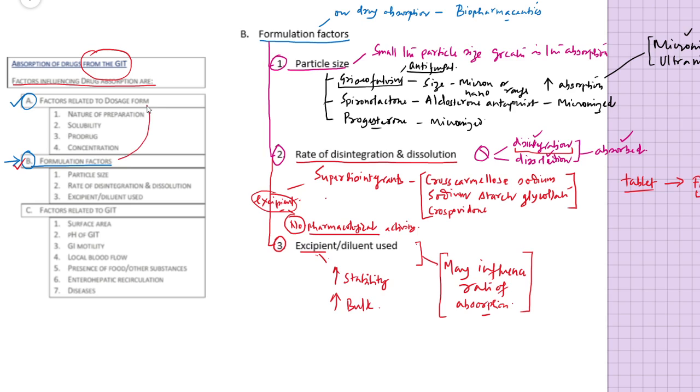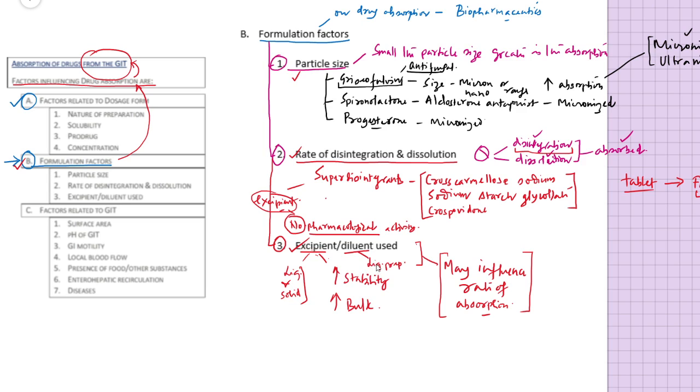Formulation factors influencing drug absorption from the GIT. So what are they? They are particle size, the rate of disintegration and dissolution, and the excipients or diluents used. Diluents are used for liquid preparations, and excipients can be used for both liquid and solid preparations.